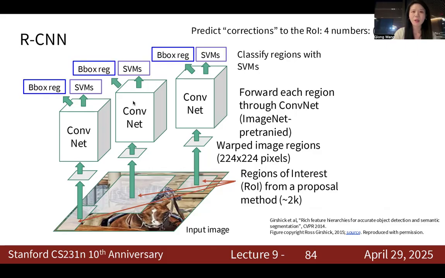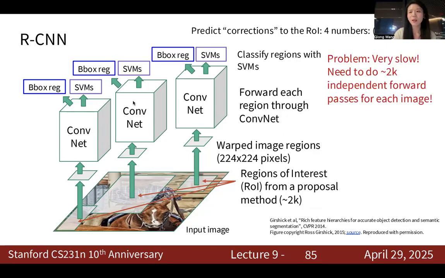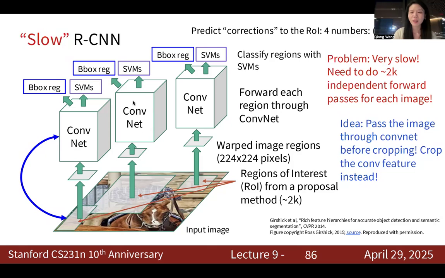We predict the correction to the region, for example the four numbers dx, dy, dw, and dh. The problem is it is very slow because we need to do many things, and it's independent for each region of each image.